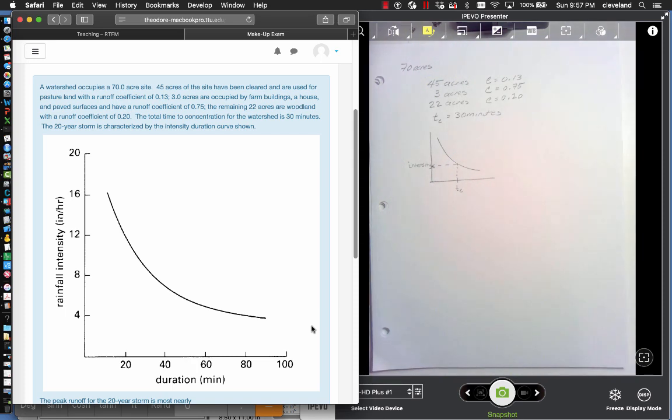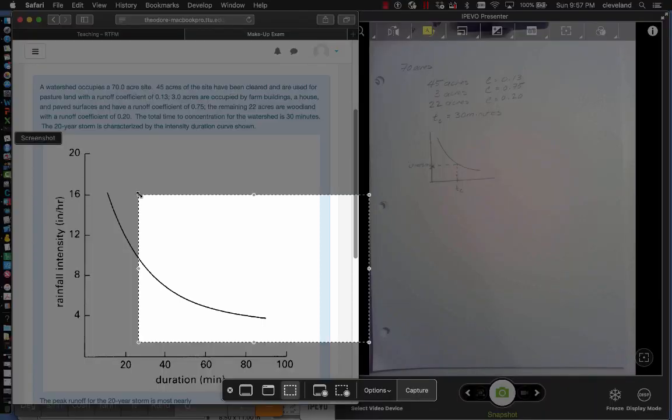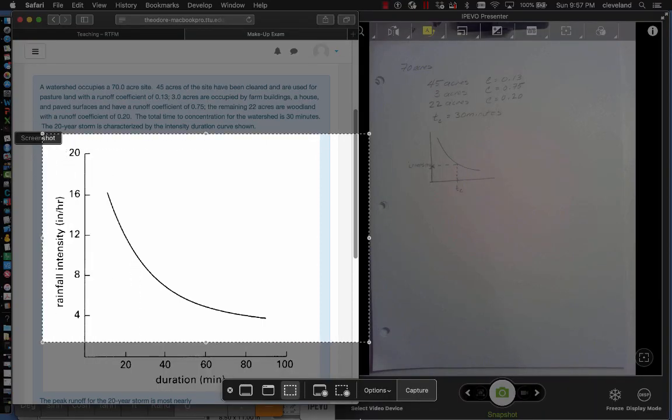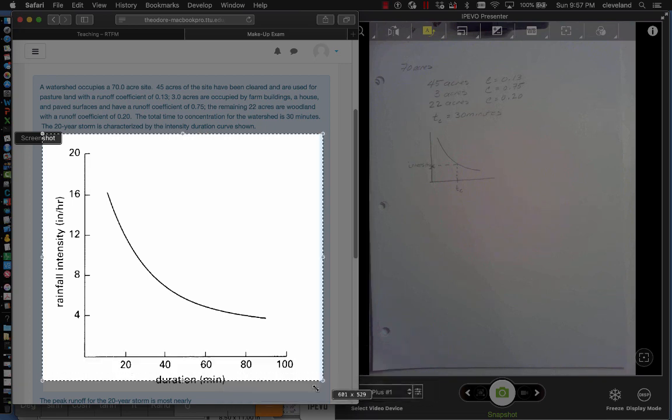Okay, so we can probably approximate it just looking, but since we have the tools here on my computer, I'll go ahead and try to be sort of accurate. Get a screen capture.